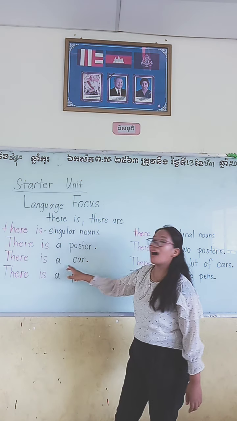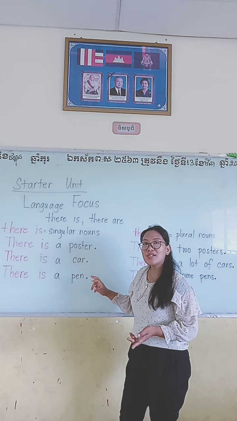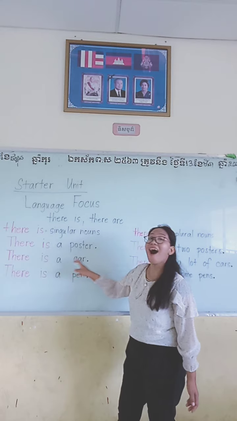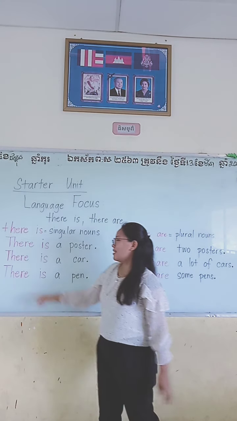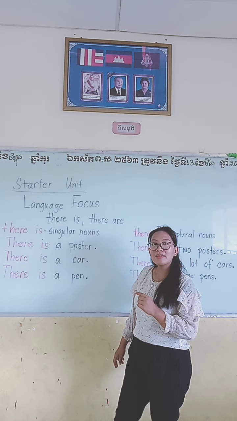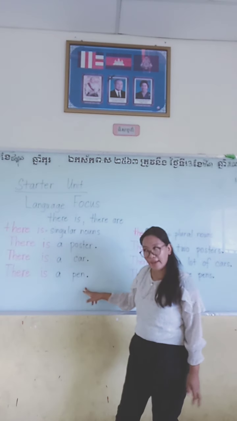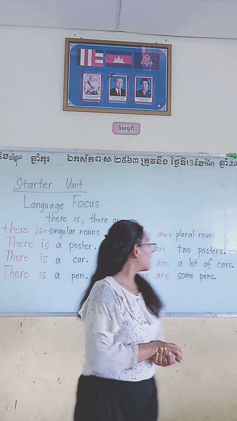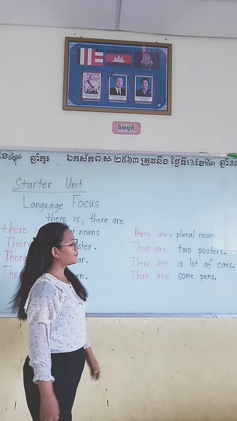There is a car. Now it's your turn. Please read. Okay, very good. Next. There is a pen. Please read again. Very good.